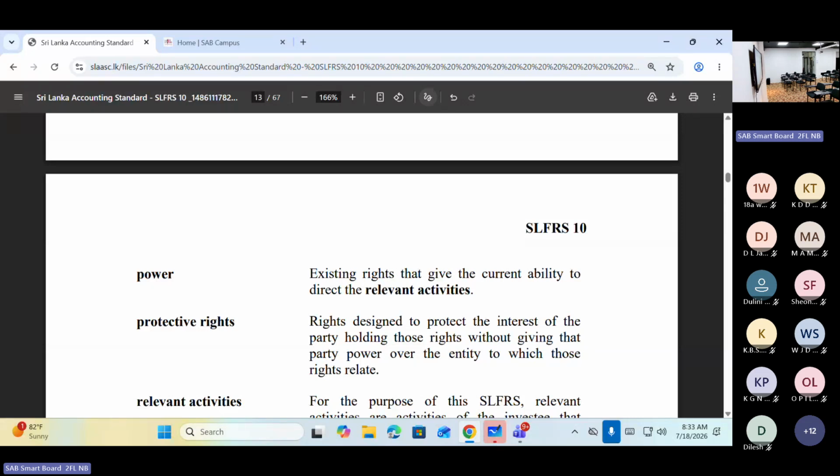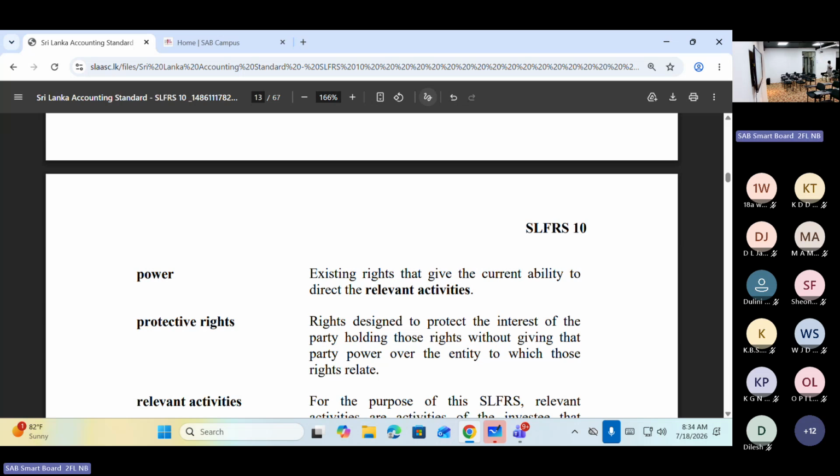Once you are completing the above consolidated financial statements, we are supposed to collect the parent's financial statements and the subsidiaries' financial statements.